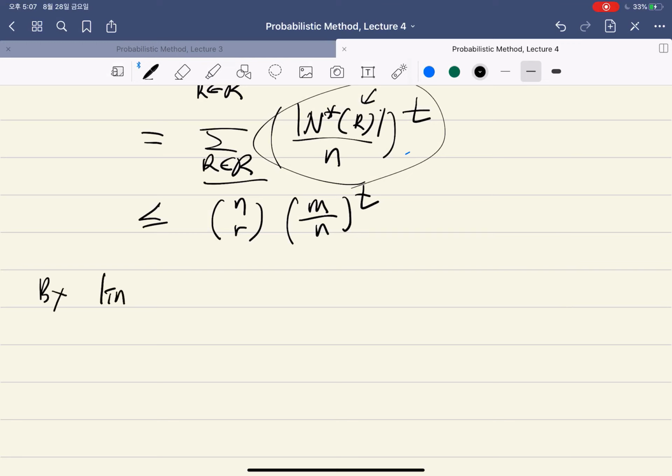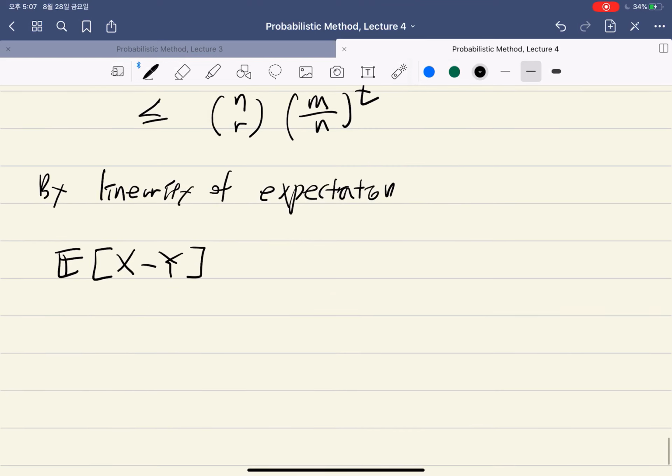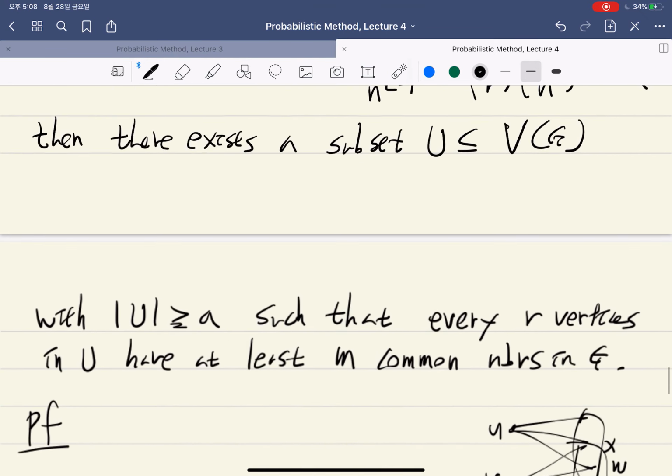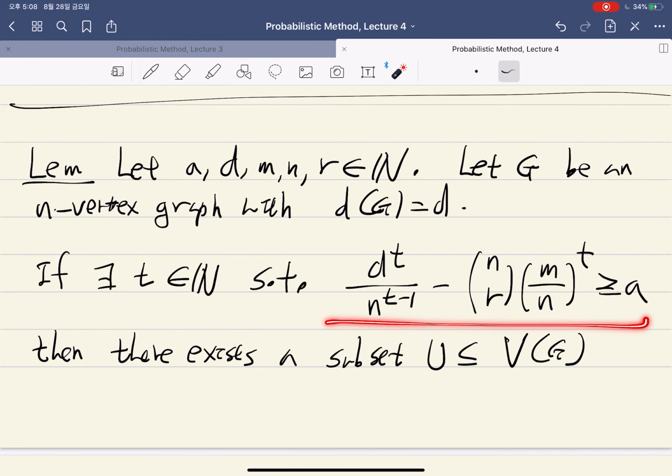What do we get? By linearity of expectation, we know that the expected size of X minus Y is d^t over n^(t-1) minus (n choose r) times (m over n)^t, which is exactly the expression here.